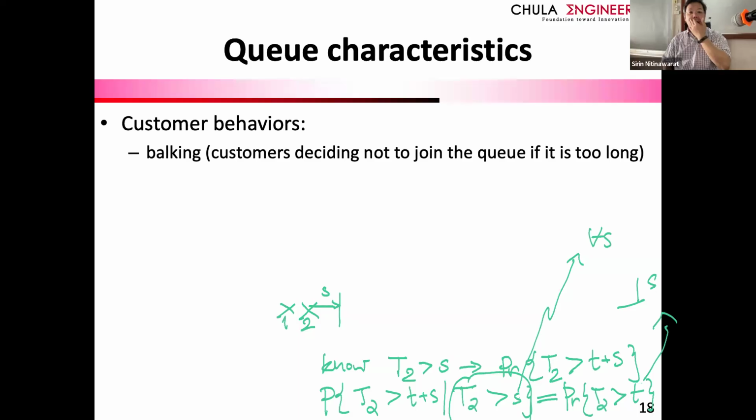One natural behavior that every intuitive person would do if you go into a grocery store, you see a lot of cashiers, which one do you pick? You pick the one with the shortest queue.